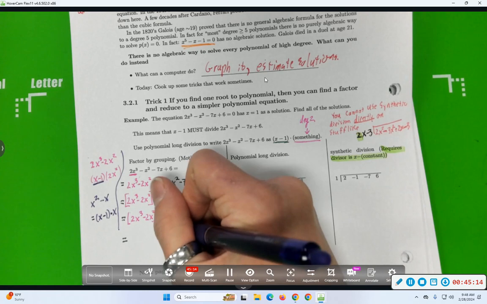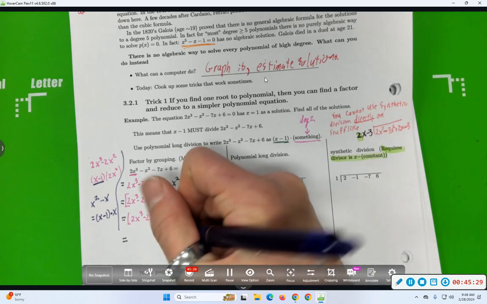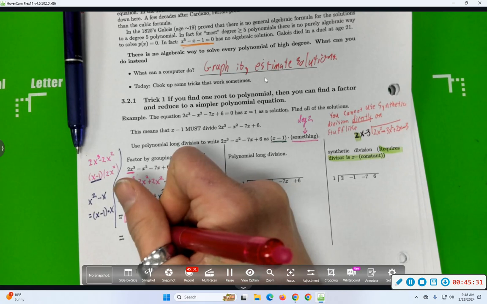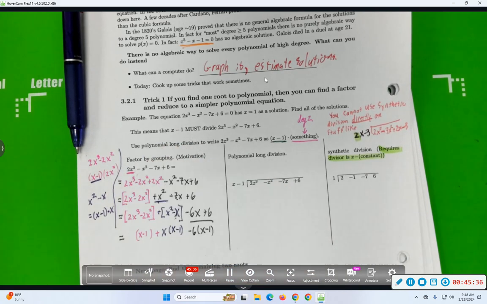This purple piece, it's designed to have an x minus 1 sitting in it. That purple piece is x minus 1 times what? X, I think. The pink piece is also designed to have an x minus 1 in it, and what is that x minus 1 multiplied by?